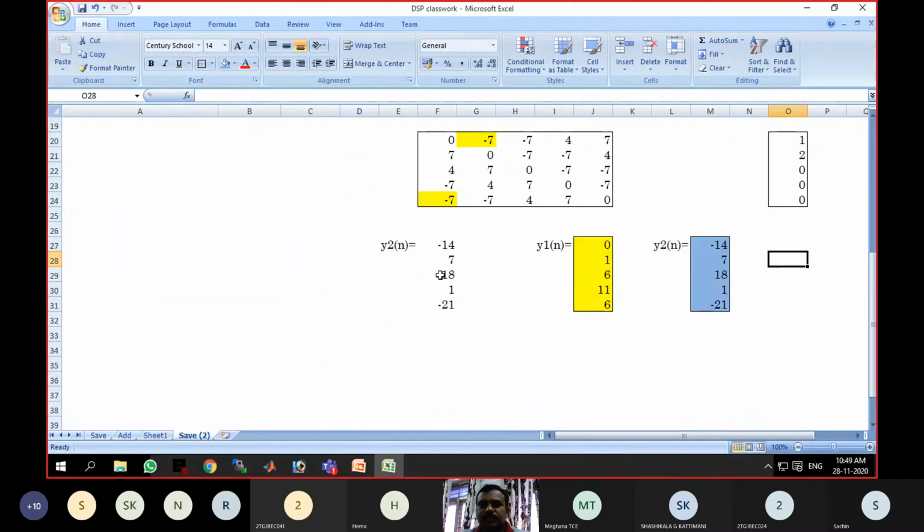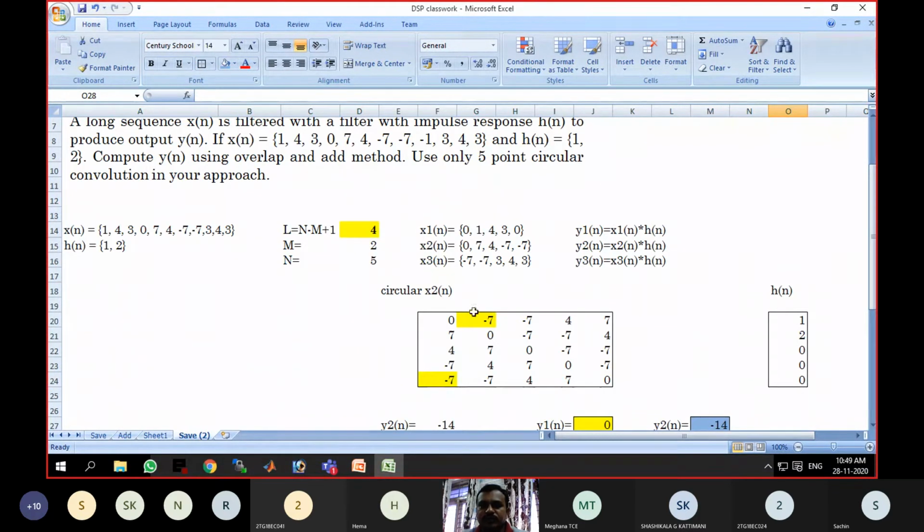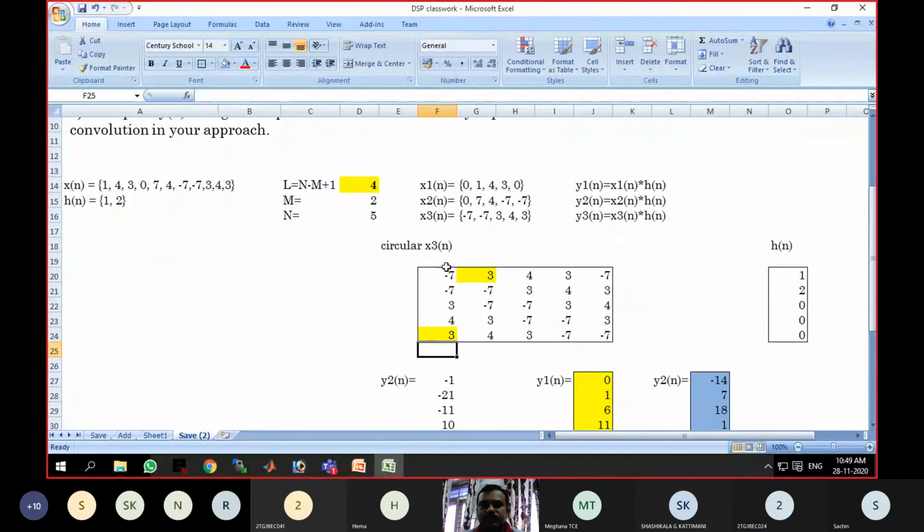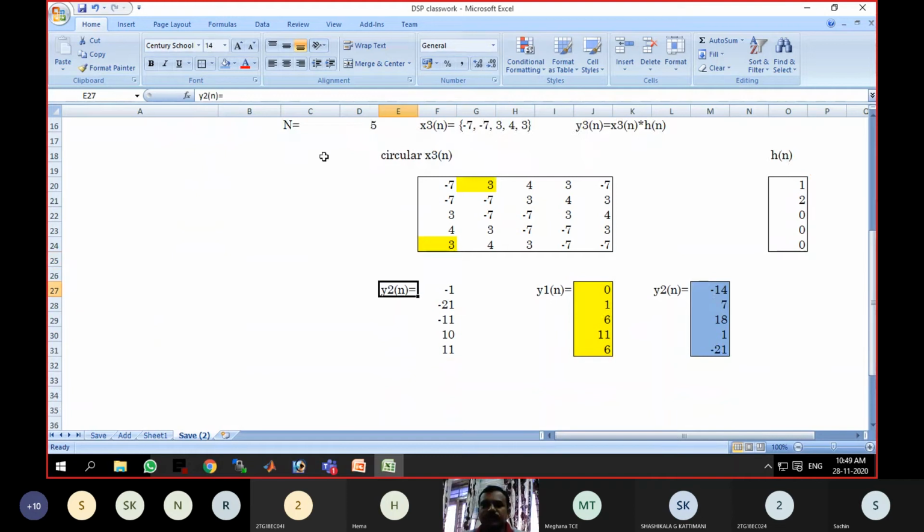Then similarly, go for y3 of n. So y3 of n is the circular matrix of x3 of n. Let me create that one, minus 7, 3, 4, 3. Okay, so this x. So y3 of n calculation.